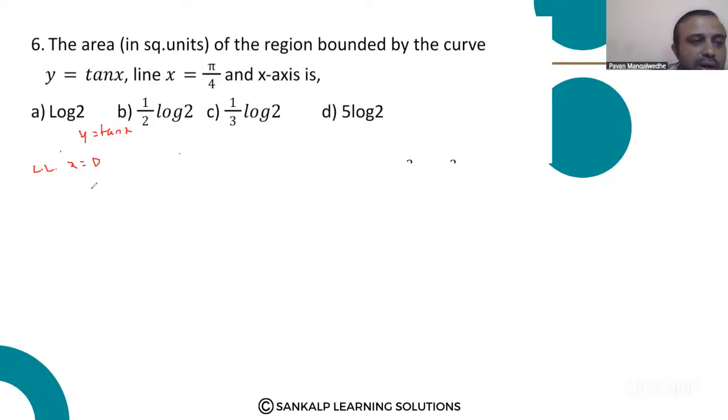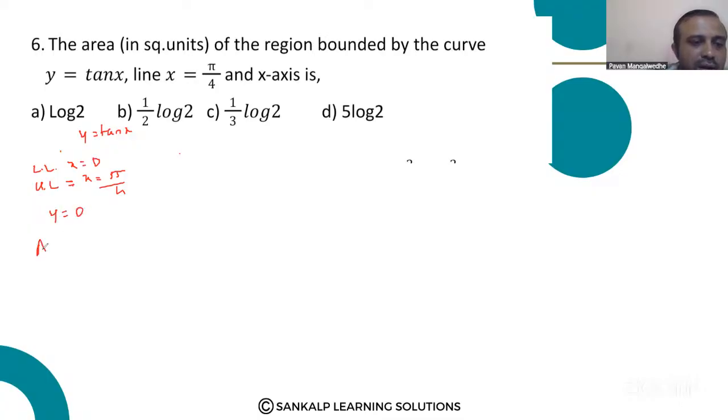So the upper limit, I'll write it as UL, is x equals pi by 4, as it is already given. On the x-axis we already know that y will be 0.